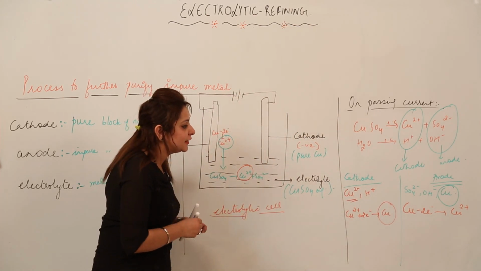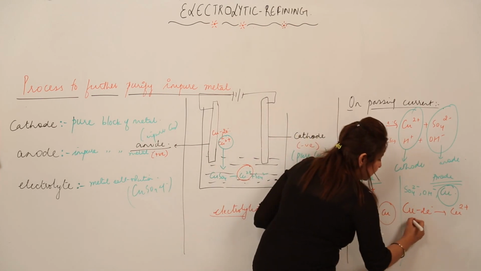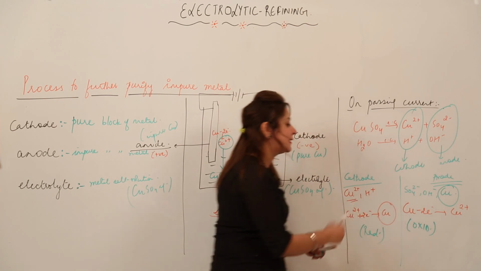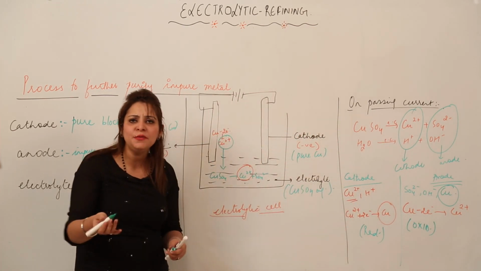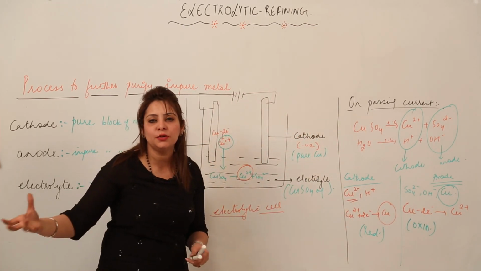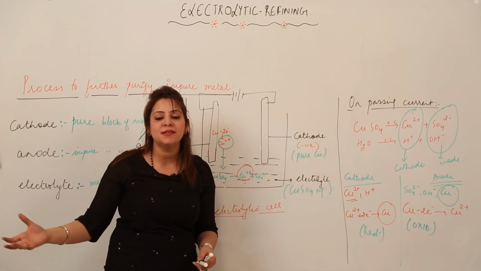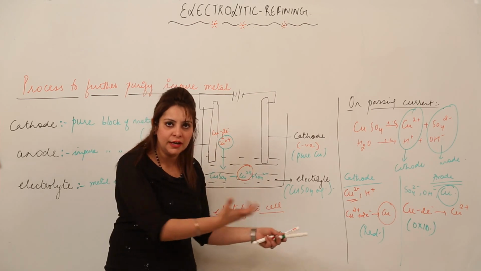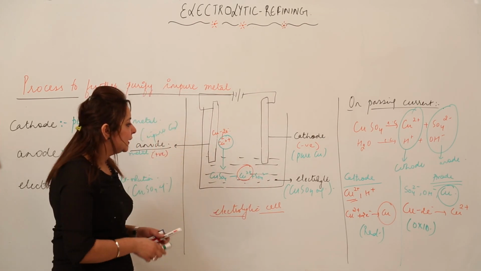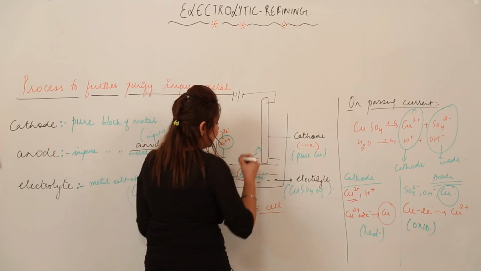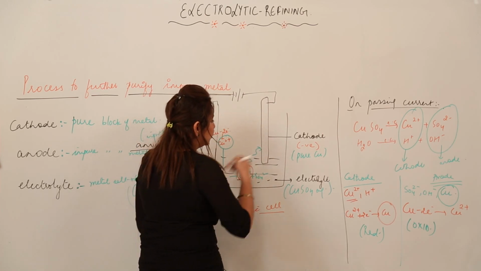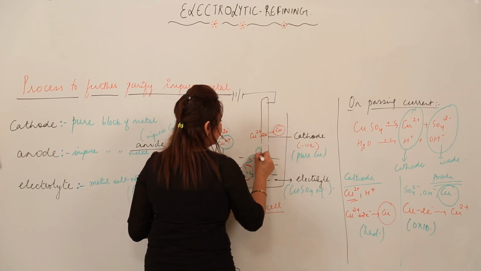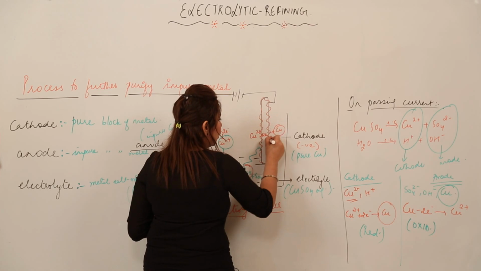So oxidation takes place at the anode and reduction takes place at the cathode, the same reactions we saw in electrolytic reduction and plating. The Cu2+ ions move to the cathode, gain their electrons back, that is reduction, and the cathode gets coated with pure copper.